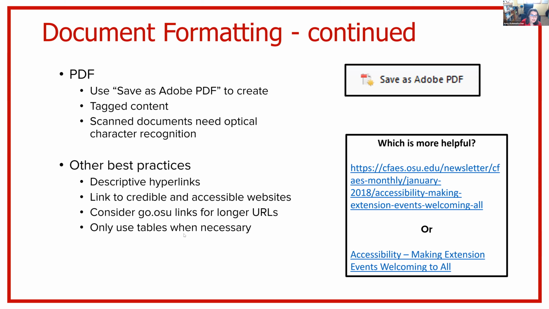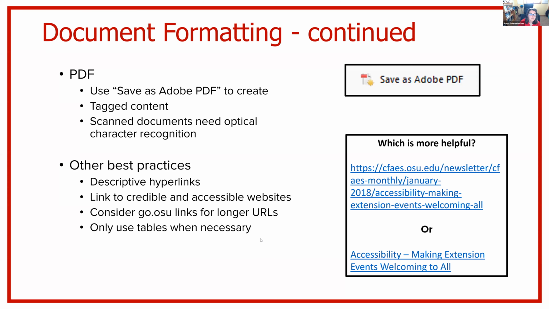Those are handy. Another thing that we don't often think about but is really important is where those links actually go. We want to make sure that we are linking to credible information, stable websites that work routinely like they're supposed to, and that they're accessible. You can go explore with WebAIM and check web pages to see how accessible they are.